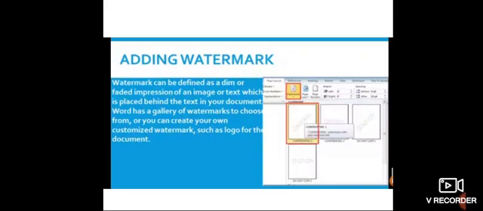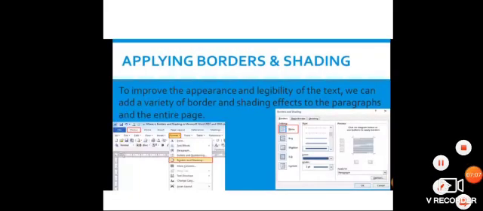Open the document in which you want to create a watermark. Select the Page Layout tab and click on the Watermark drop-down menu in the Page Background group. Select the Custom Watermark option. The Printed Watermark dialog box appears. You will notice that no watermark is selected by default. Select the Text Watermark option, choose the language, and select the font size.